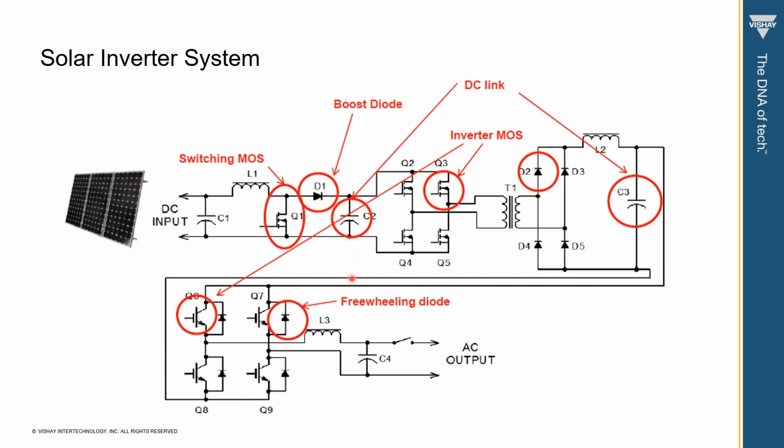For the diode, we have the PFC boost diode, the DC-DC output rectifier diode, and also the freewheeling diode. For the capacitor, we have the DC link cap and also the snubber cap. Besides this, highlighted here, we also have other components which we'll cover later, like the optocoupler, MELF resistor, NTC, and the power inductor.